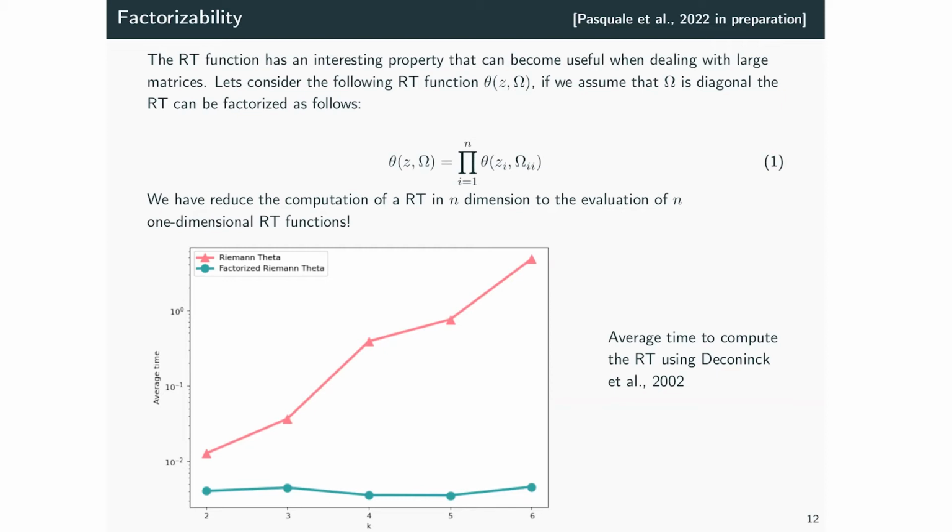So if you are not using this equation, we get an average time which is exponentially increasing, as I already told you. But if we are just computing one-dimensional Riemann theta functions, we find that the time is essentially the same, since at the end we are still computing one-dimensional Riemann theta functions different times.